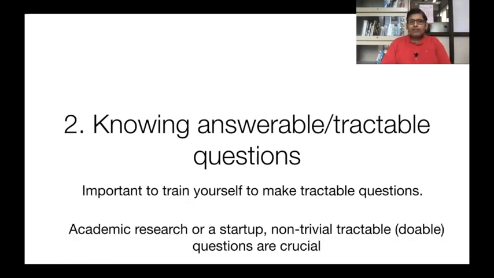So it's important to train yourself to make questions that are tractable, that can be solved, that can be answered experimentally. And it doesn't matter whether it is academic research or you are going to a startup, non-trivial tractable questions are crucial.